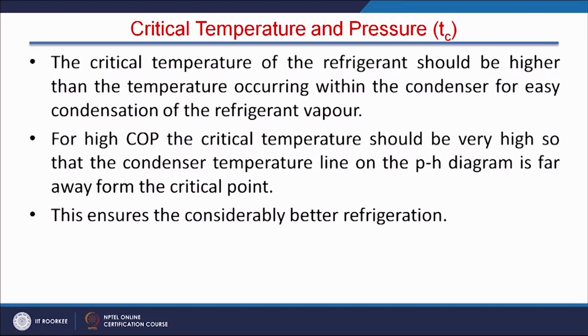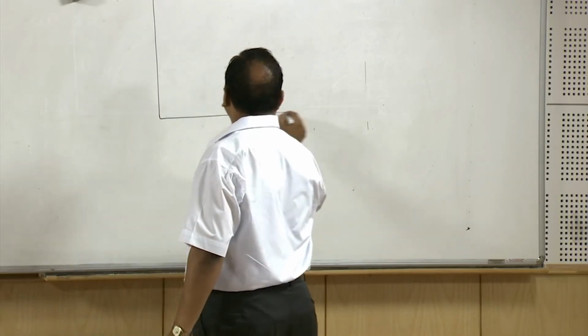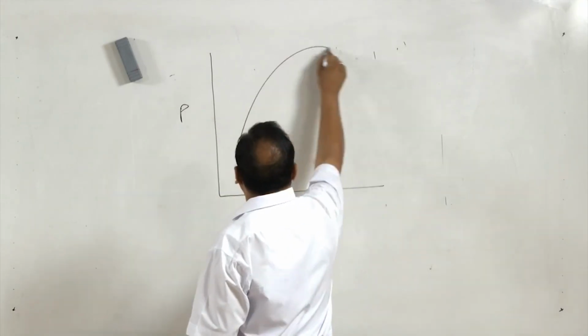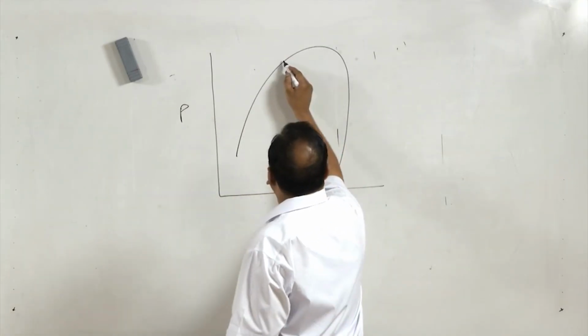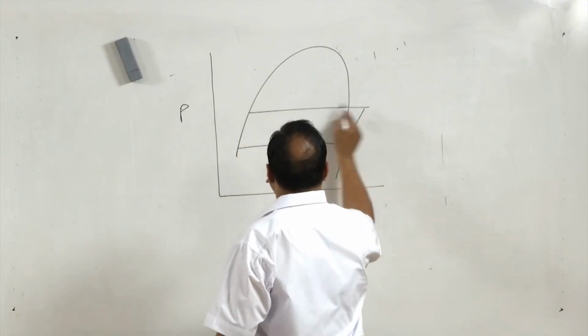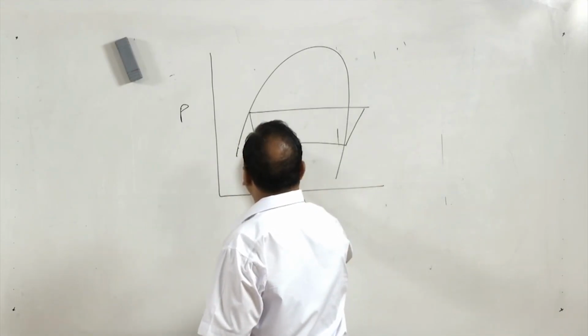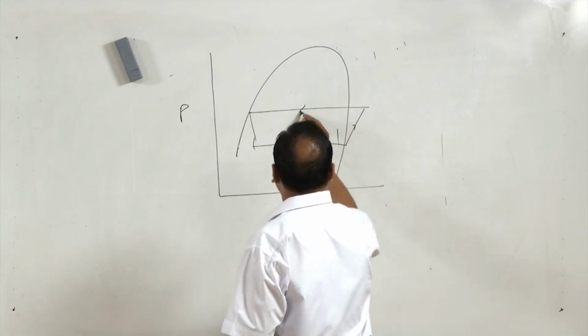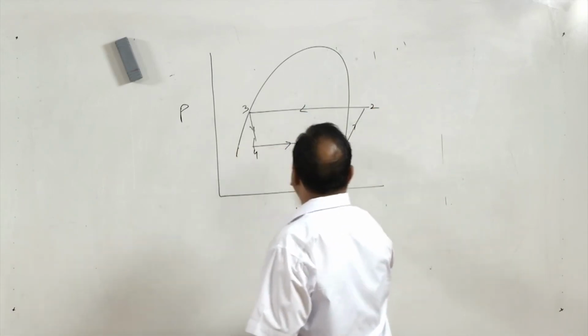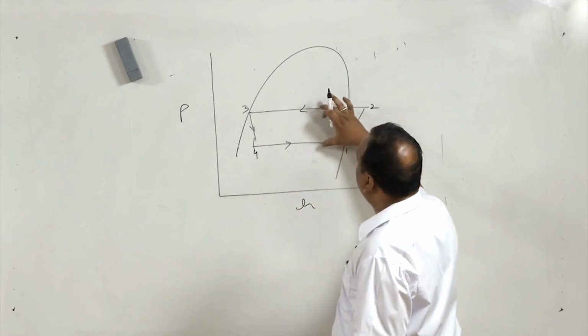Now, critical temperature and pressure. For any refrigerant or for any refrigeration cycle, if it is operating farther from the critical temperature, suppose it is operating here, in this case, the COP will be higher.